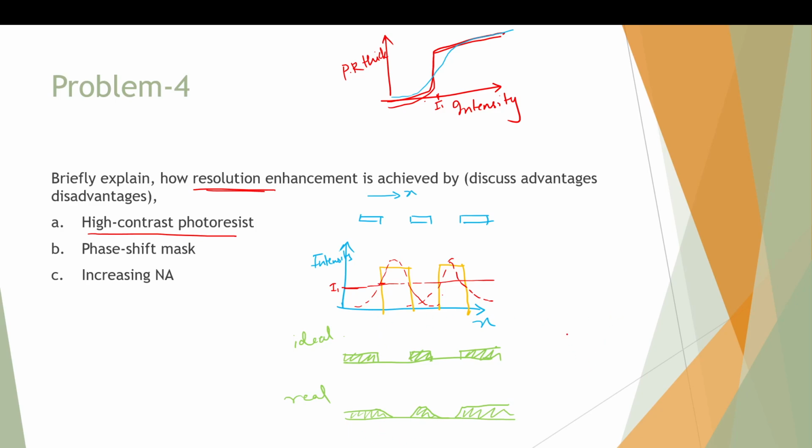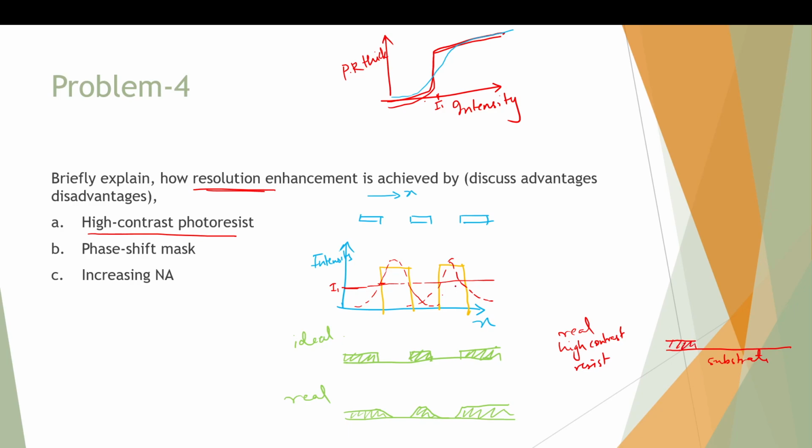So then my real profile for high contrast resist will look like this. This is the substrate, and on top of that, here it is below I1, so it won't be exposed. If it's not exposed, that means the resist stays there.